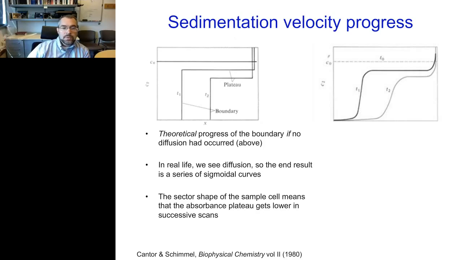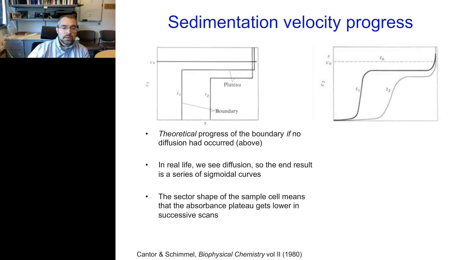Now we'll note at the top here that we have this plateau that is the general concentration. You notice that it has gone down. It is lowered. That has to do with the fact that we are in a sector-shaped cell, and so as the protein is going outward, it's going into a wider and wider region of the sector, and that makes it look like a dilution effect. And then finally, the protein has to go somewhere. We're in a sealed compartment, and so the protein backs up and basically crashes into the back wall of the cell, and that is where you see this spike.